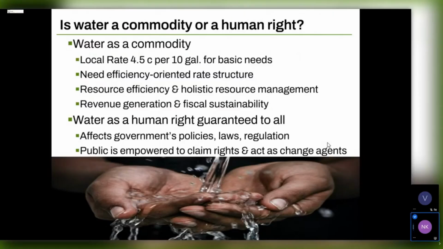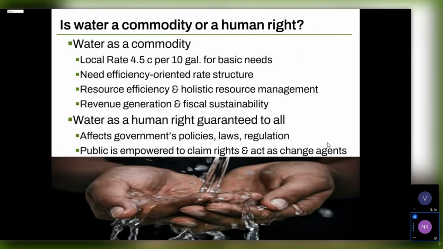Additionally, because of limited supply and increasing demand, they have to price the water to promote water conservation, to protect the environment by water stewardship and holistic management of water resources.